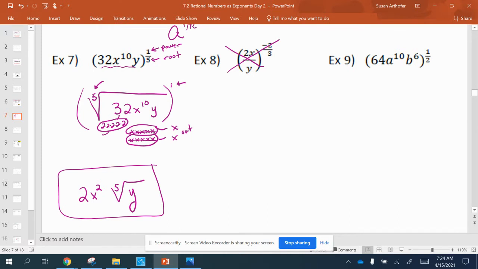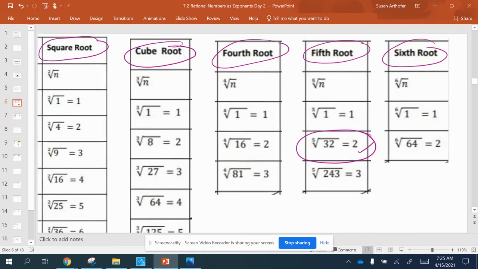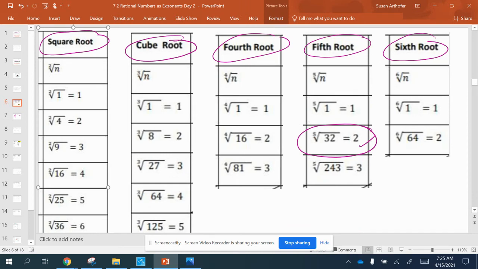Okay, so the next one is power over root. So we're going to draw this. It's to the first power, and it's a square root. And then we're going to put everything on the inside. So then you can go back to your chart if you want. If you don't know what the square root of 64 is, you just look underneath the chart.